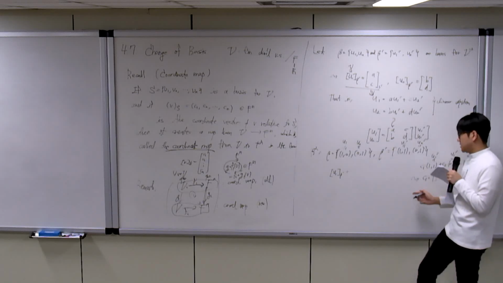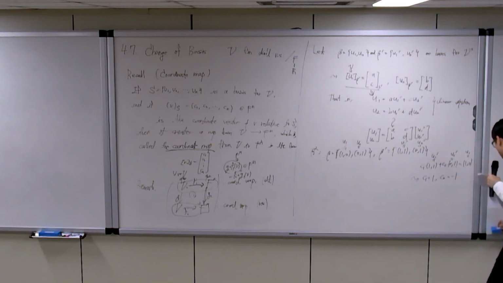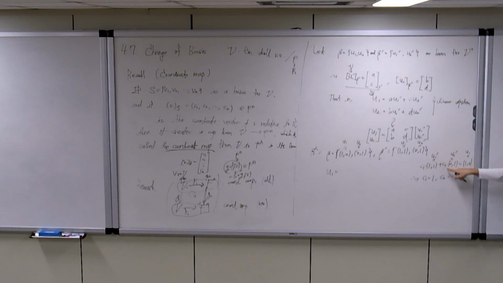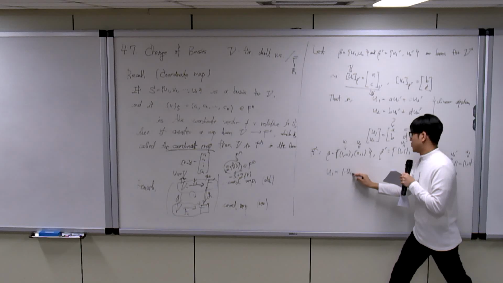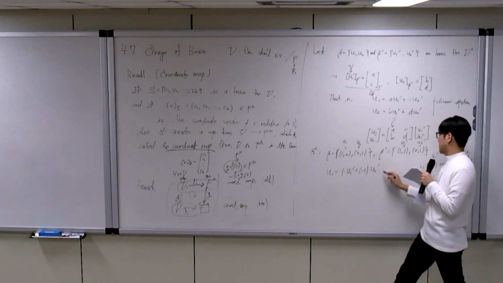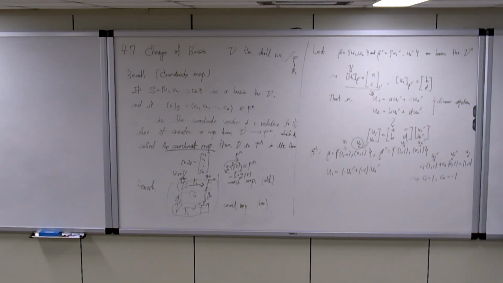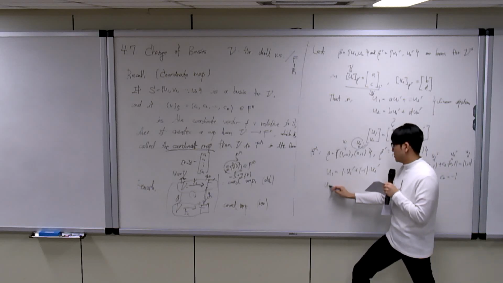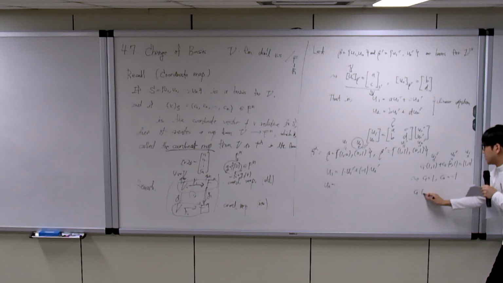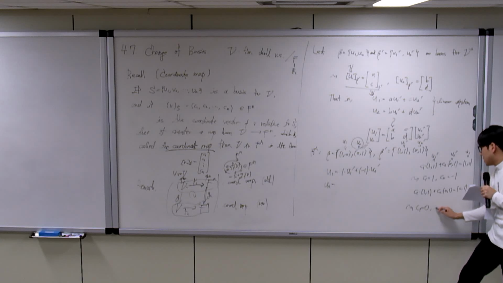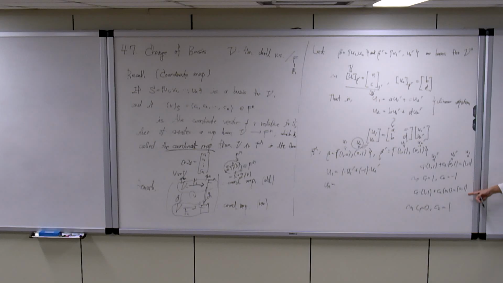So this means, let me write the abbreviation first. u1 is 1 u1 prime plus minus 1 u2 prime. 1 u1 prime minus 1 u2 prime is equal to u1, and also we can calculate the coordinates for the vector u2. c1 (1, 1) plus c2 (0, 1) is equal to (0, 1). Then if c1 is equal to 0 and c2 is equal to 1, you will get this equation.